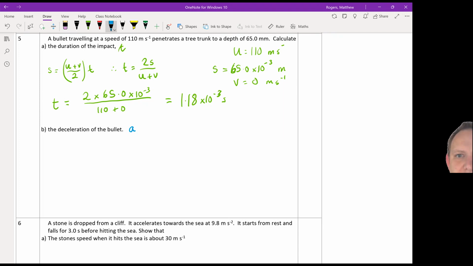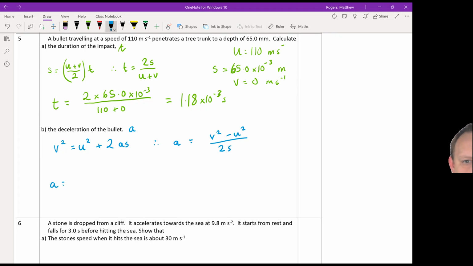So we want the equation that links u, s, v, and a. That is v squared is equal to u squared plus 2as. Rearranging for a gives us (v squared minus u squared) over 2s.